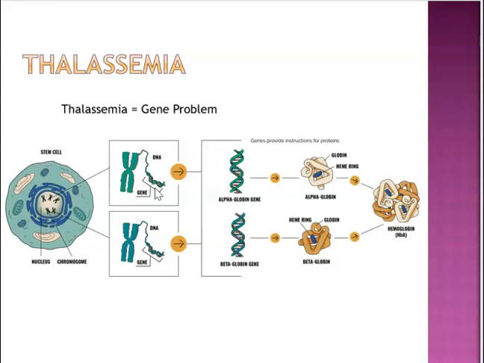But in this case, we're talking about the types of globin chains that we have in our hemoglobin molecule. So these genes are coding for different globin chains in our hemoglobin molecule.